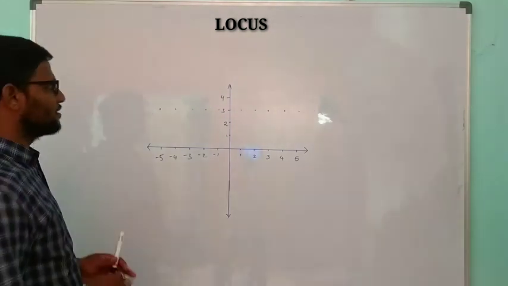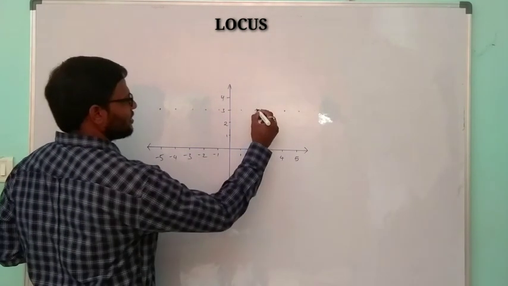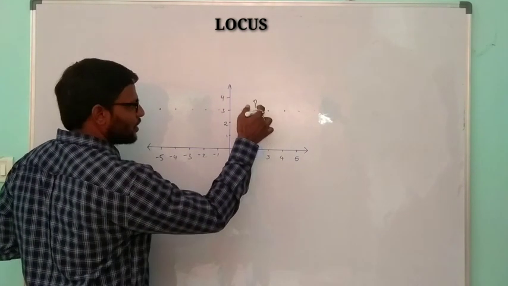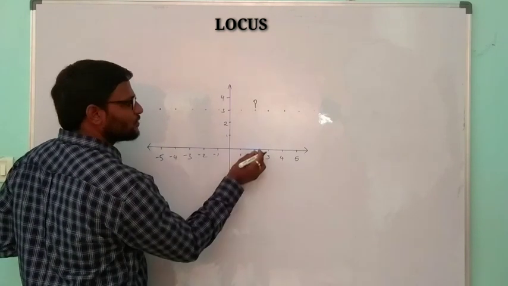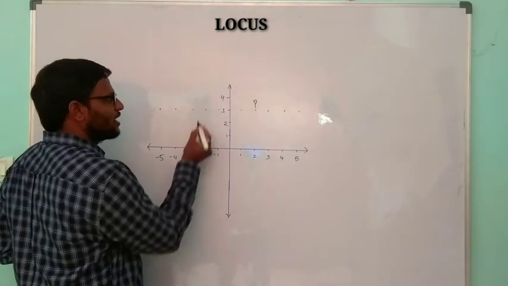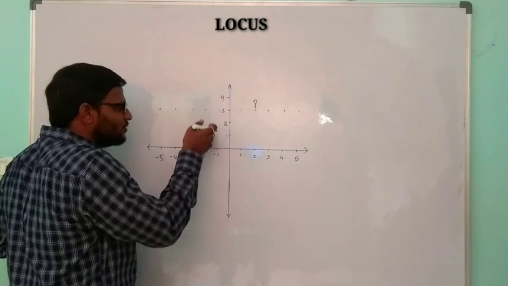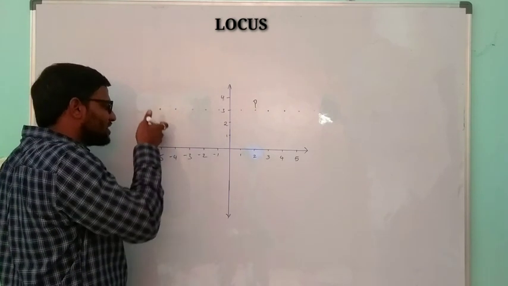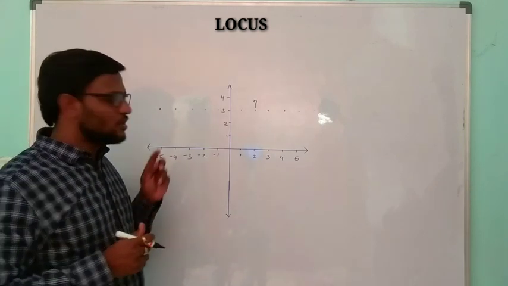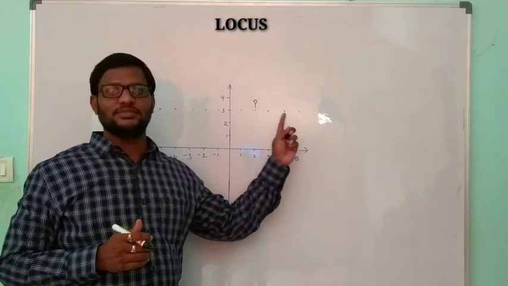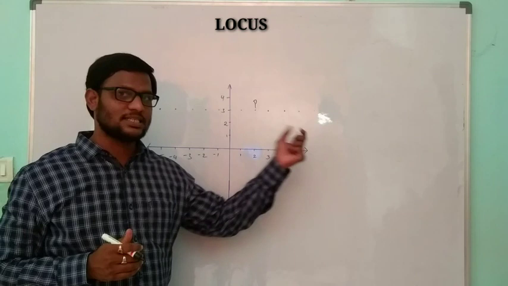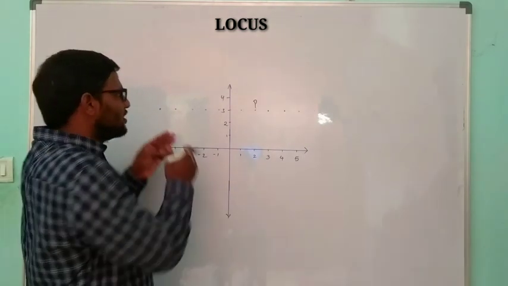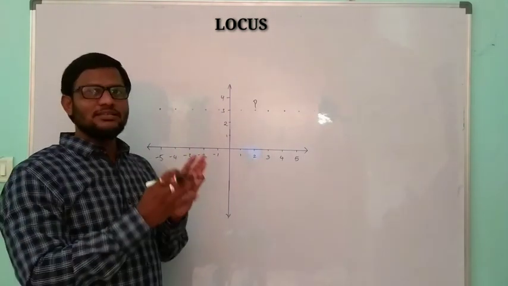Let us take P. P is a point which is 3 units distance from the x-axis, and this point is also 3 units from the x-axis. From -5 also it is 3 units distance. So each and every point is 3 units distance from the x-axis.